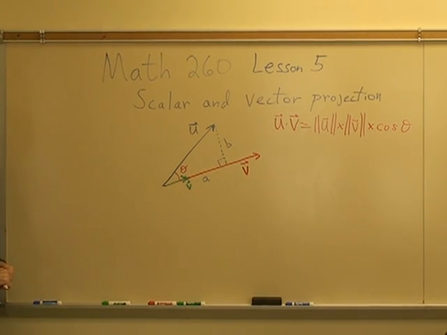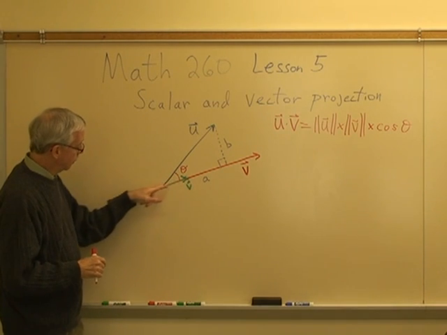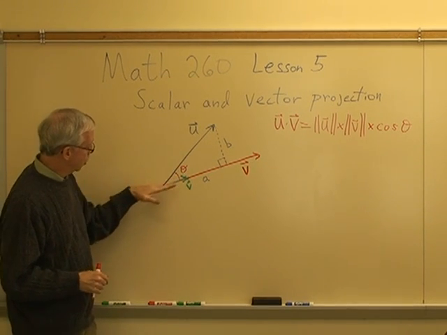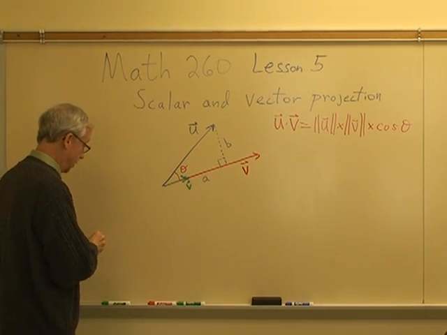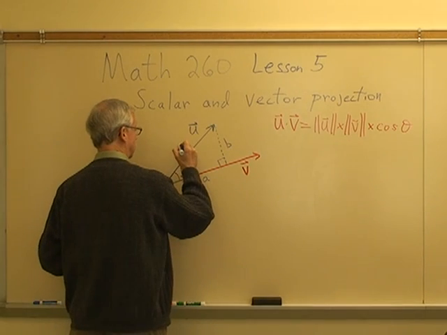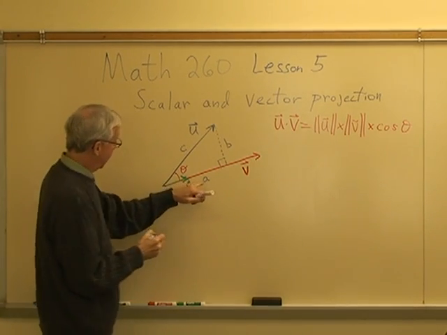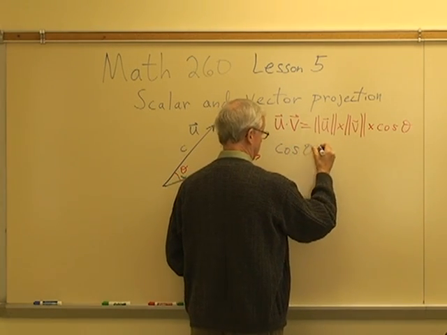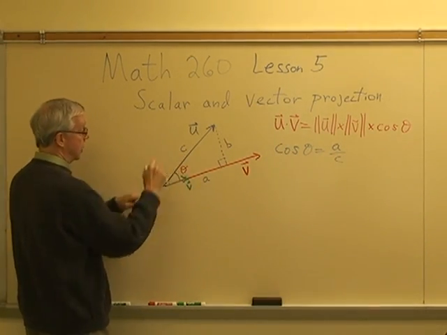Now how can we use this to develop what we're looking for? Well, one thing I want to do is find the length of this base of the triangle that's formed here. That is the length along the vector v. Well, what does trigonometry say? Remember, the rules of trigonometry tell me that if I call the length of this hypotenuse c, then a divided by c is the cosine, the ratio of the adjacent to the hypotenuse.